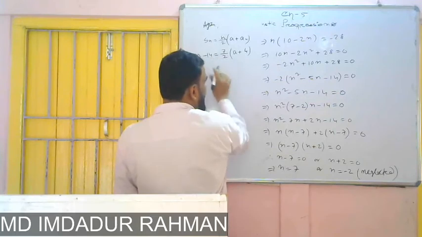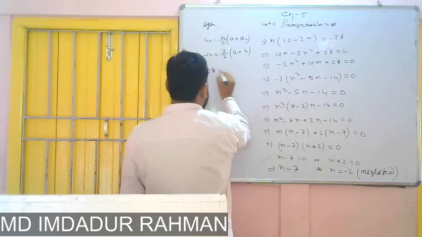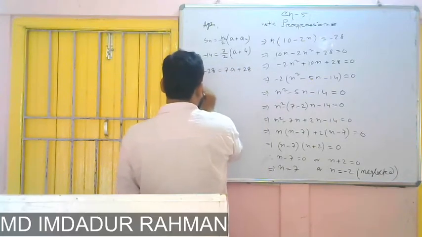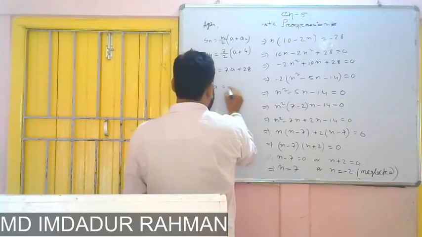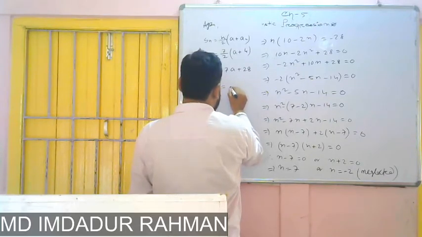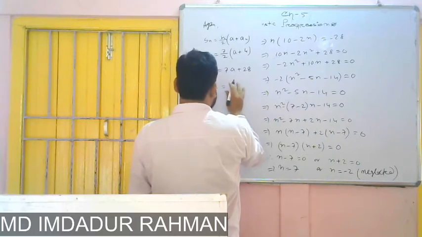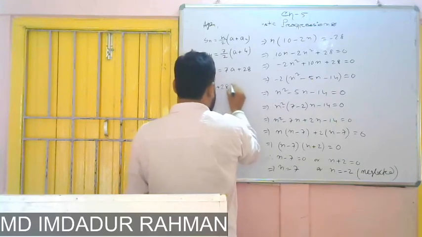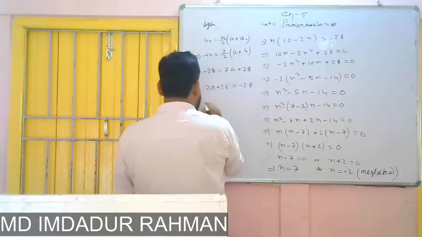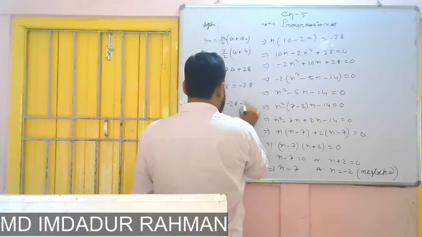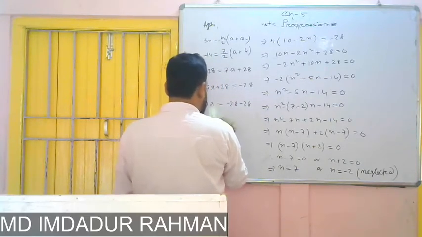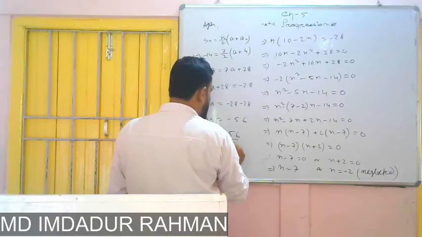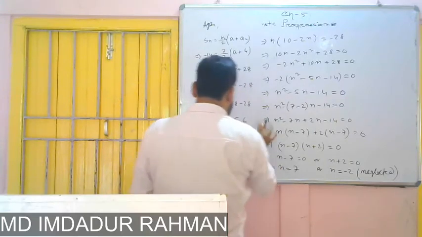So minus 14 into 2 is minus 28, which is equal to 7a plus 28, implies 7a plus 28 is equal to minus 28, implies 7a is equal to minus 28 minus 28, implies 7a is equal to minus 56, implies a is equal to minus 56 by 7, that is minus 8.